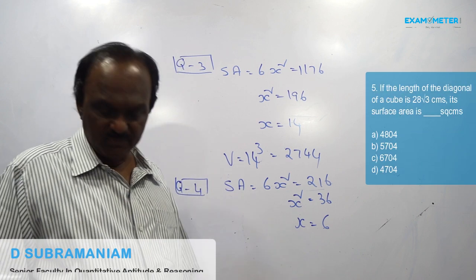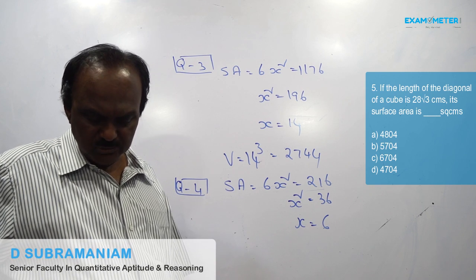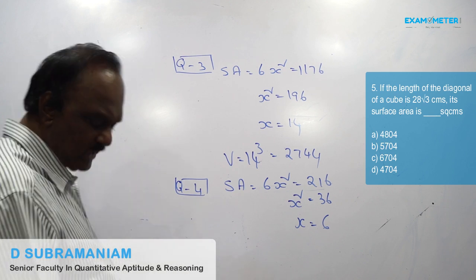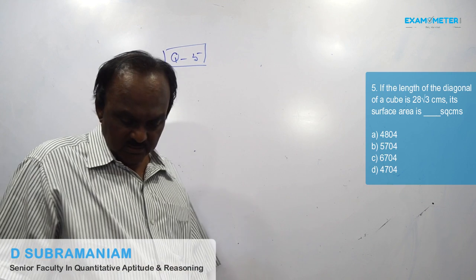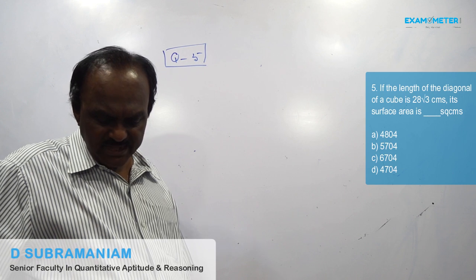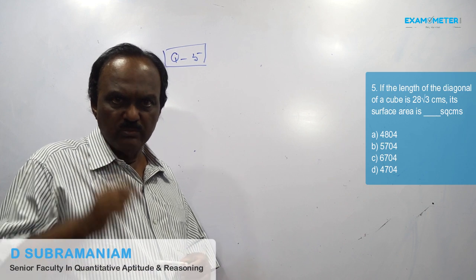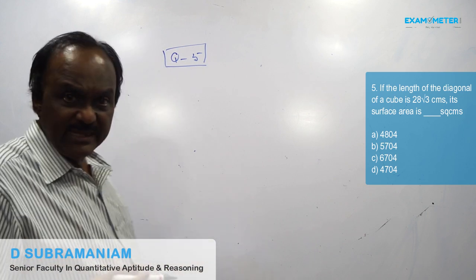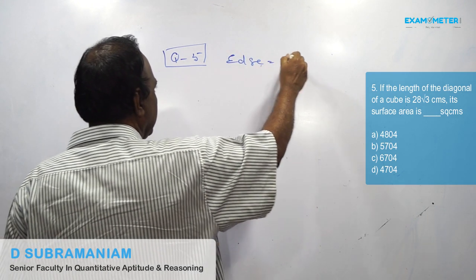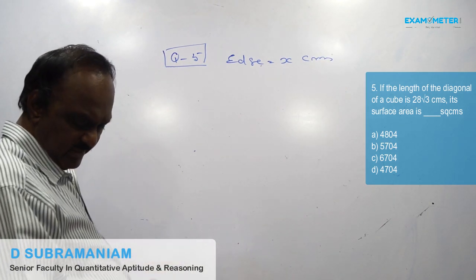Question number 5. If the length of the diagonal of a cube is 28 root 3 centimeters, its surface area is how many square centimeters? We will assume the edge of the cube as x centimeters.